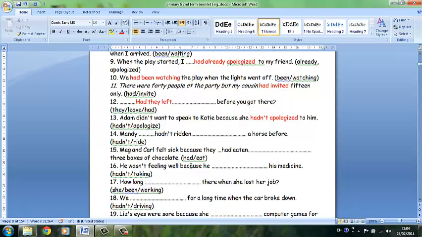She wasn't feeling well because she hadn't taken her medicine. We have the ing, so we are going to write the past perfect continuous here. So I am going to write hadn't been taking.